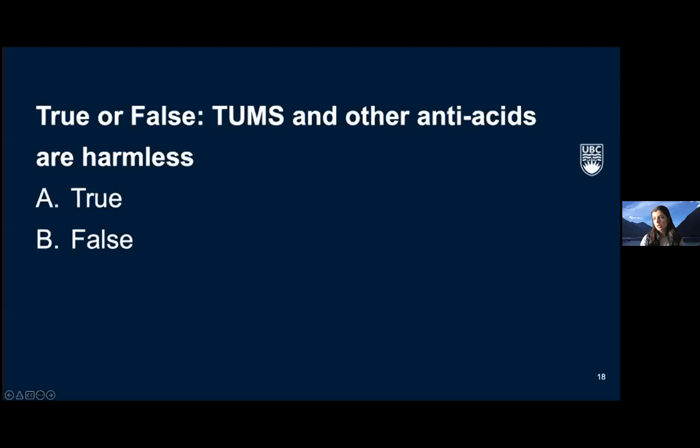That leads us to our next poll, which is true or false: Tums and other antacids are harmless.